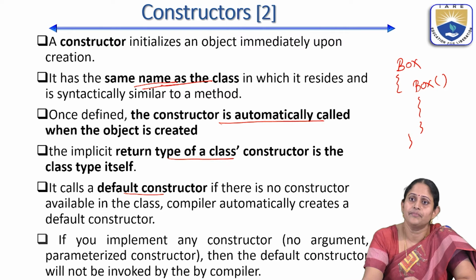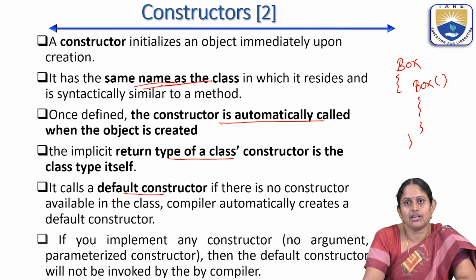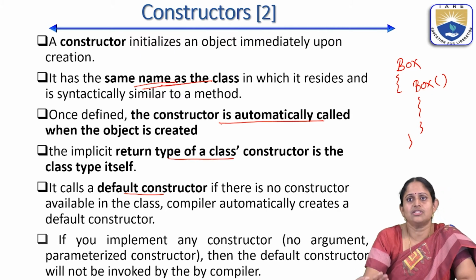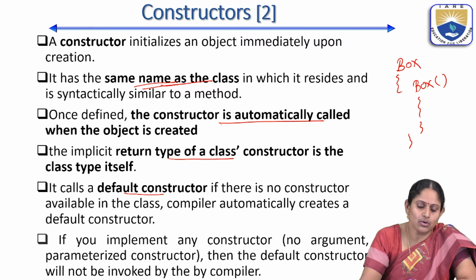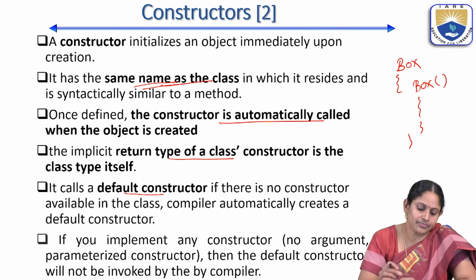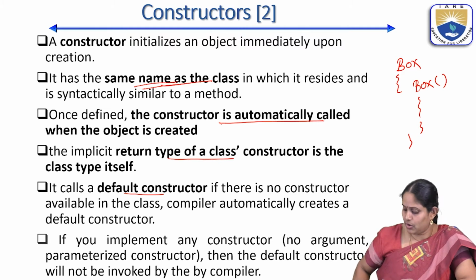It may be a constructor without an argument, or it may be a parameterized constructor. Only if the user is not specifying any constructor on their own, Java will invoke the default constructor. If the user specifies any constructor for that program, then this default constructor will not be invoked.